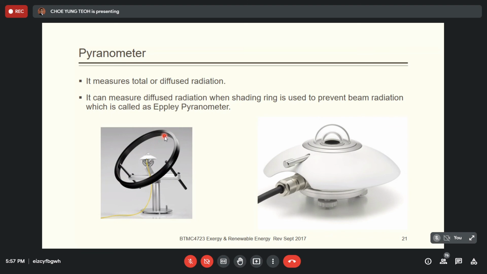As long as the shadow of the black ring falls on the sensor head, it means that the reading you get is only diffuse radiation. Very simple, right? As long as you see the shadow block on it, whatever you measure is diffuse radiation. And this one is open so that you will measure everything: diffuse radiation, direct radiation, everything together.